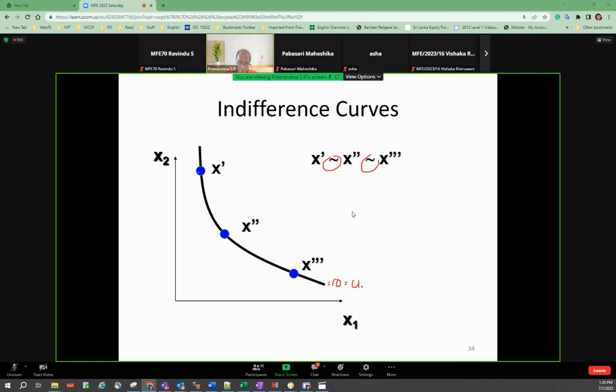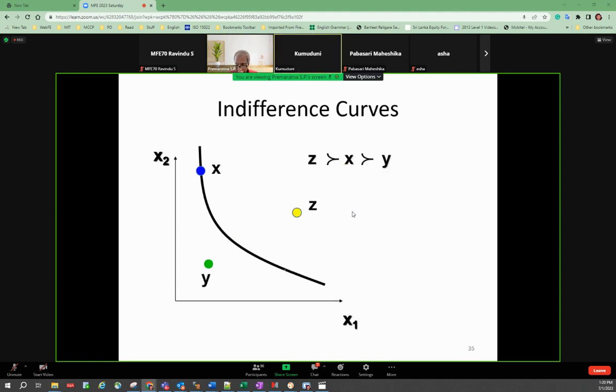If you buy this basket or this basket, you get the same amount of satisfaction. Now, if you look at these two points, Z and Y, you can see strict preference. Y is the most preferred one, because it's a heavier basket with more.